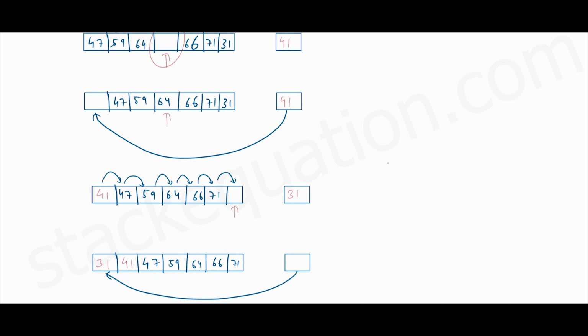So two loops will run here, which in the worst case will give a time complexity of O of n square and space complexity of O of 1, because we're not really using an extra array or storage to shift the elements, right? I hope I was able to explain this well.